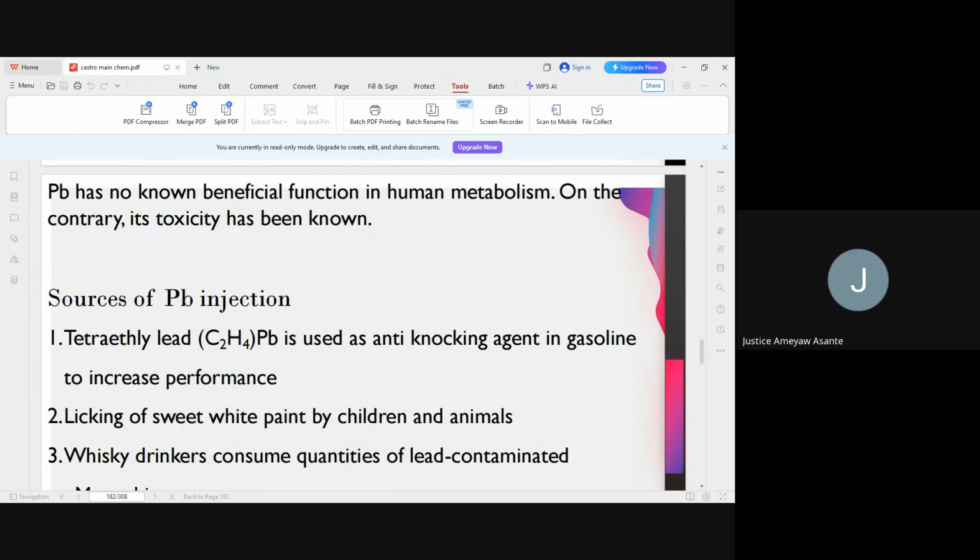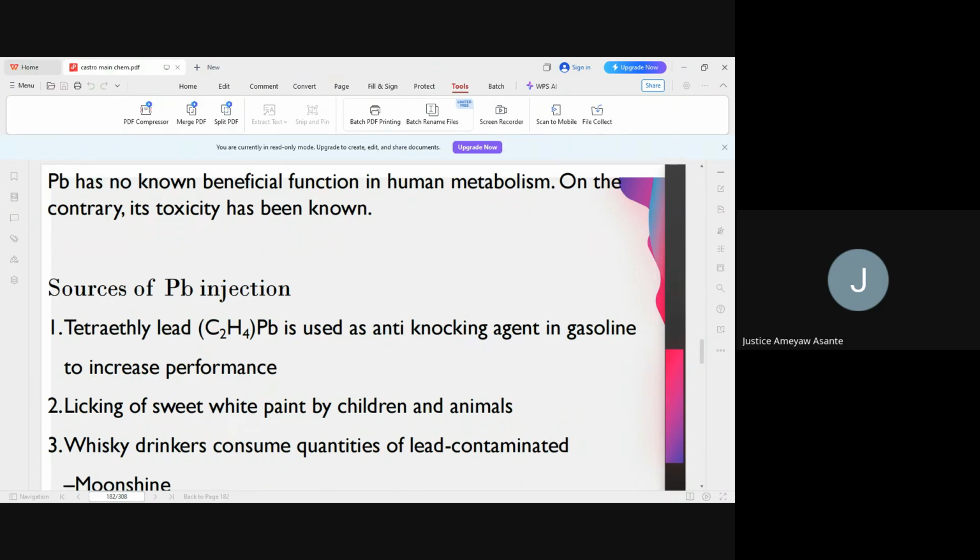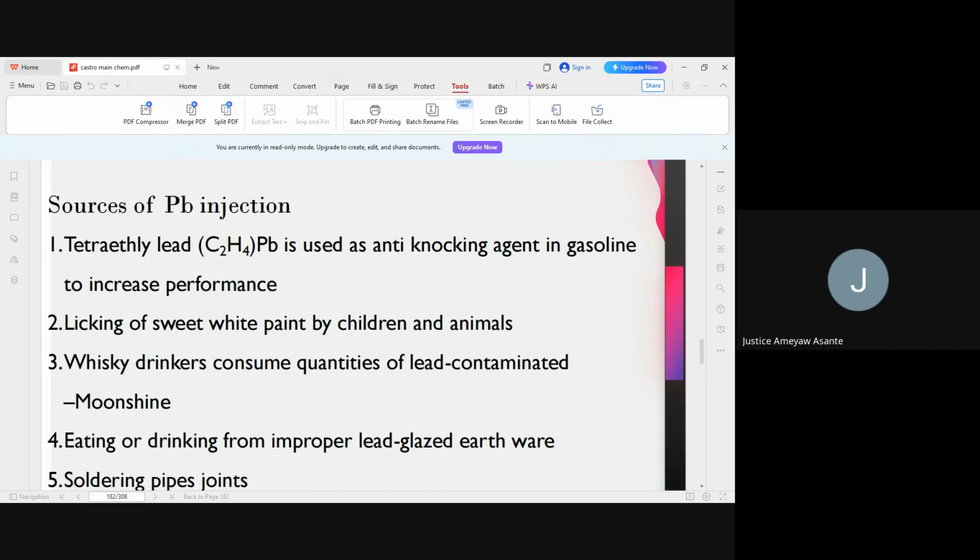So in petrol, you see now they have given the grade. We have 91, 95. So tetraethyl lead is added to the petrol to act as an anti-knocking agent. And when you increase the octane number, it increases the performance of the petrol.